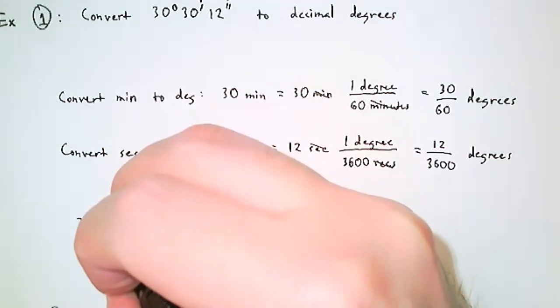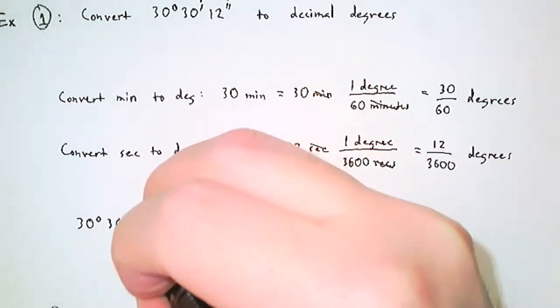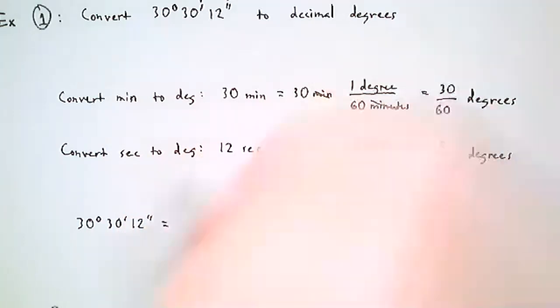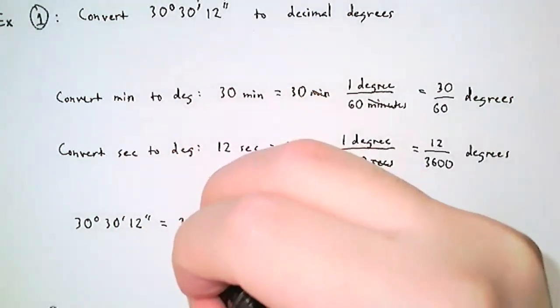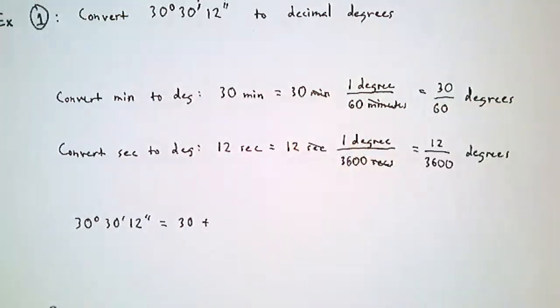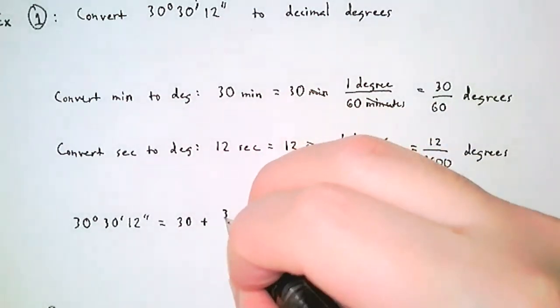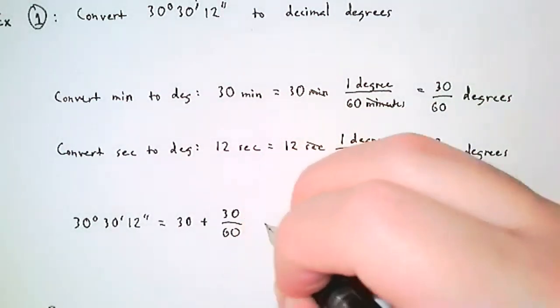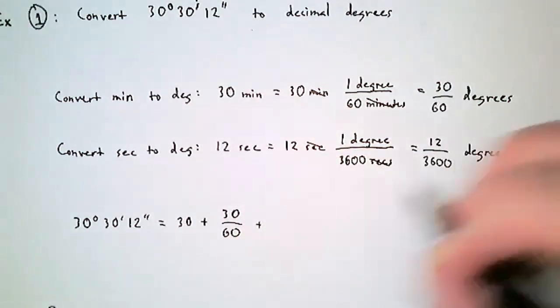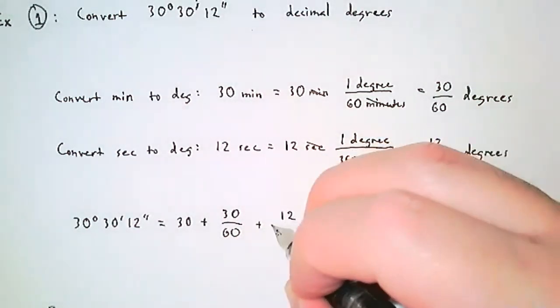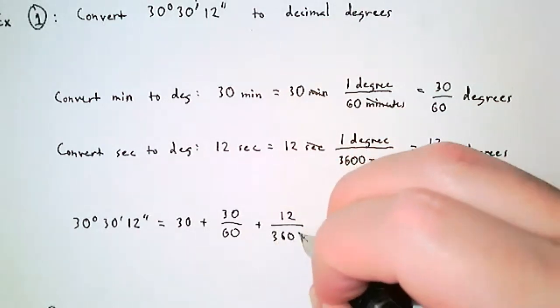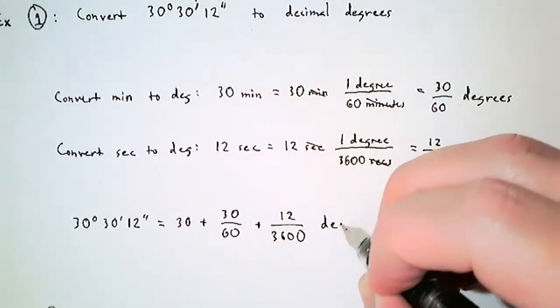Let me just write out that expression. This original number is equal to 30 plus 30/60 plus 12 over 3,600 degrees.